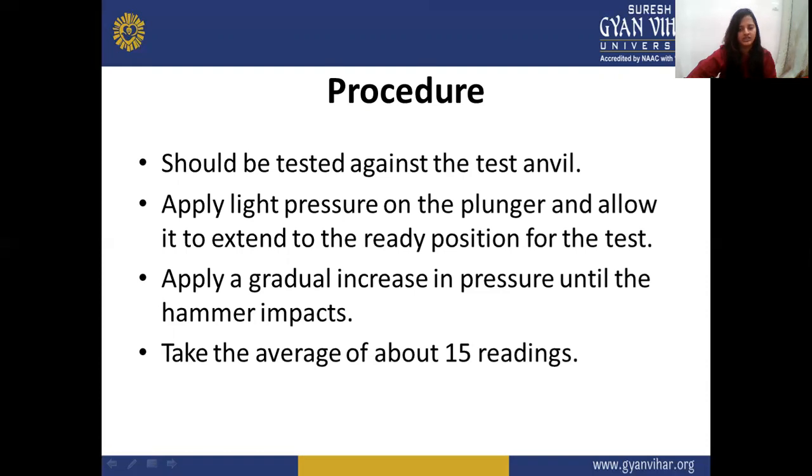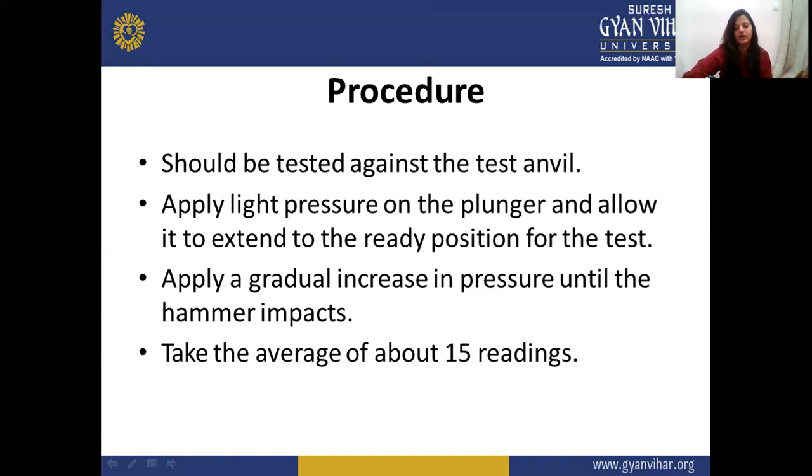And when the plunger hits the surface, the rebound action flows through the plunger to the hammer, and the hammer rebounds to an extent inside the casing. That extent can be measured using an indicator placed on the outside of the casing, from which we get an instantaneous reading for surface hardness.